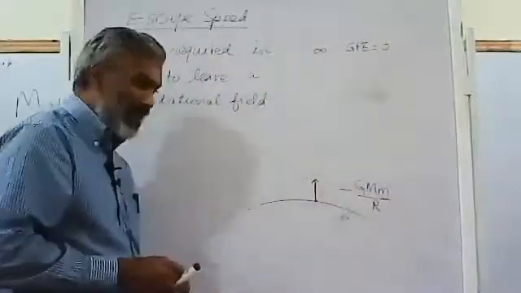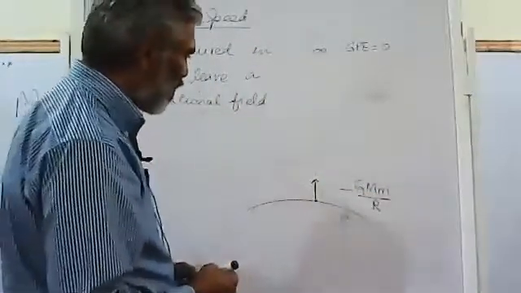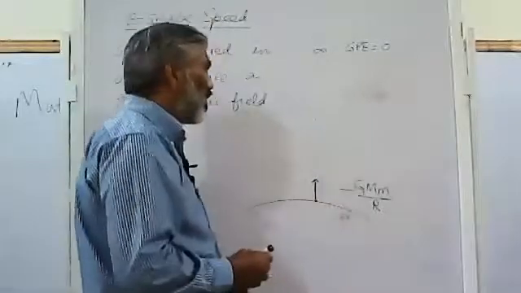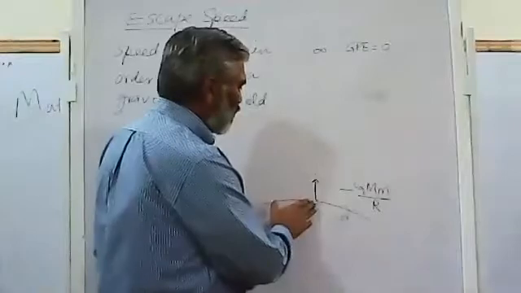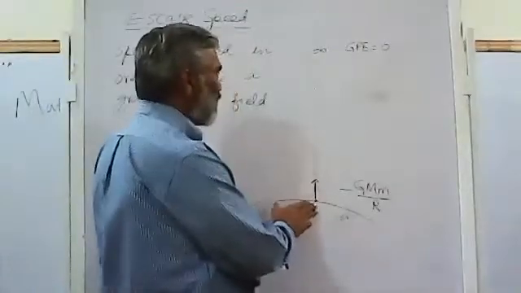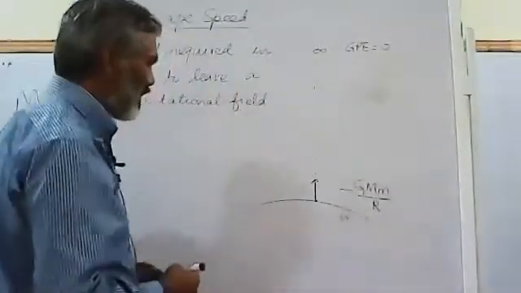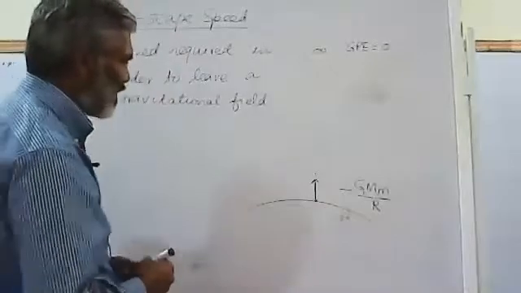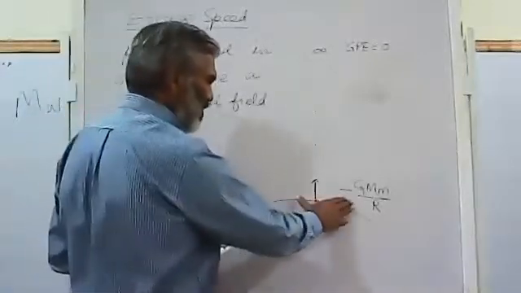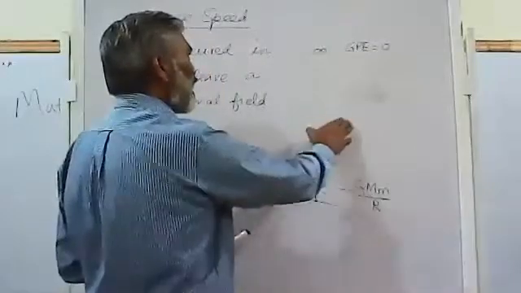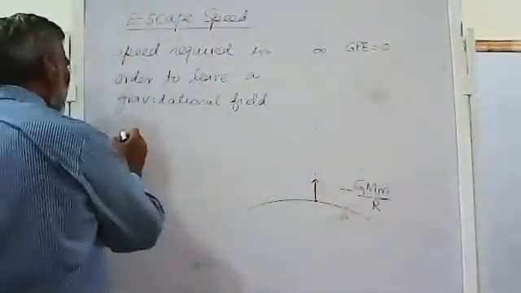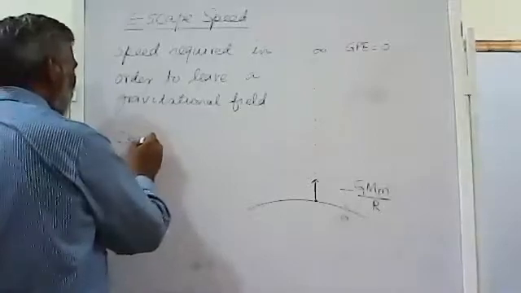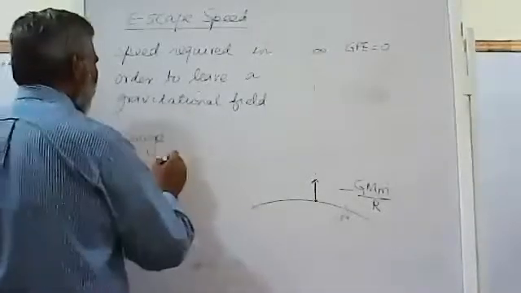Small m is that mass that we want to throw with a certain speed. Obviously, we need to understand what change in gravitational potential energy has taken place. If initially it has this gravitational potential energy and at infinity its gravitational potential energy is 0, what is the change in gravitational potential energy?